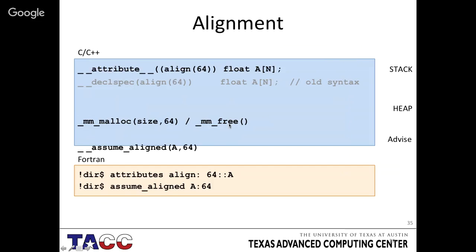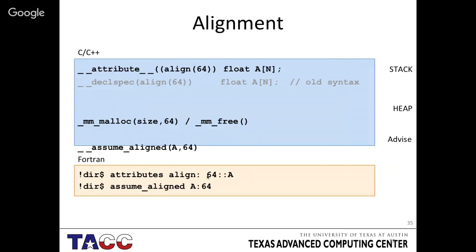What some people do is they use the POSIX alignment mallocer, which is a little bit more complicated, but it's portable. This one is not portable. This only works with the Intel compiler. And in Fortran, you can specify an attribute for an array or a variable, with this syntax, and specify the alignment in terms of 64 or 32 bytes this way.